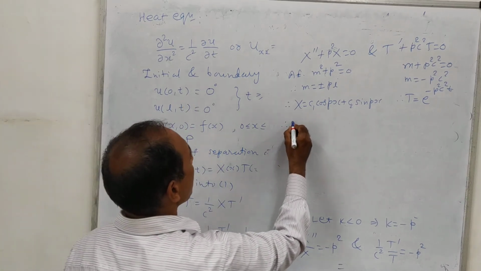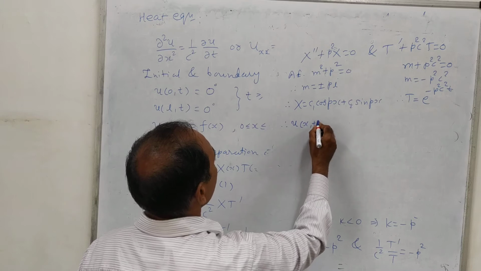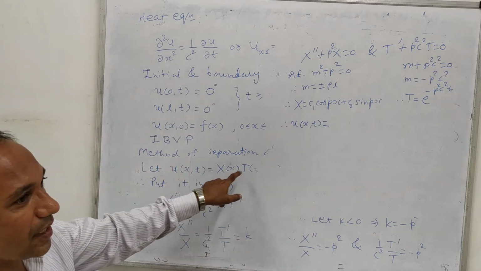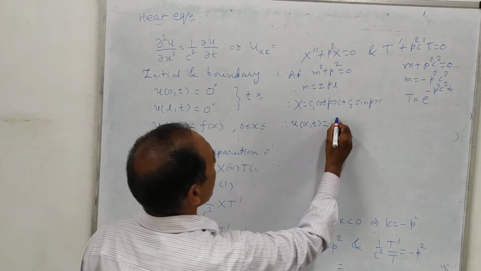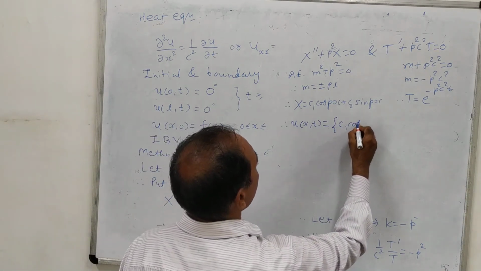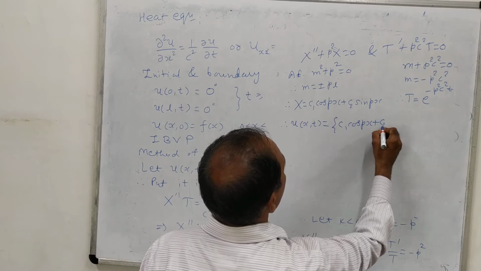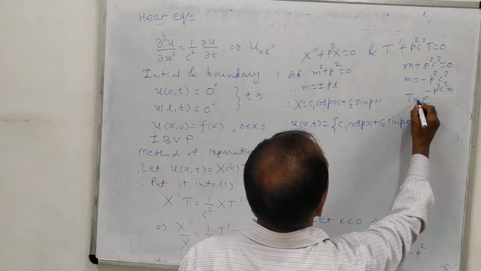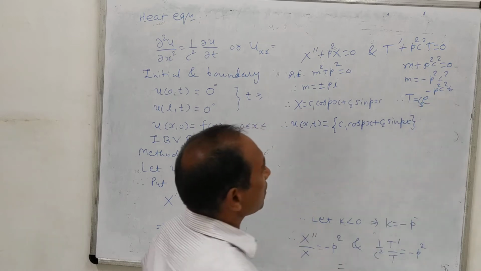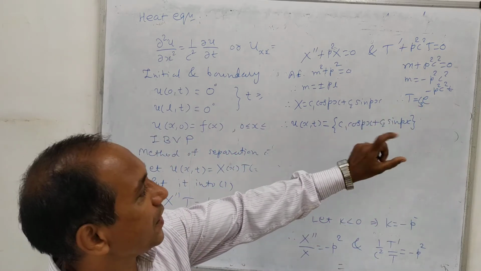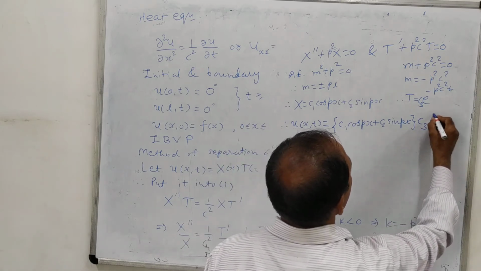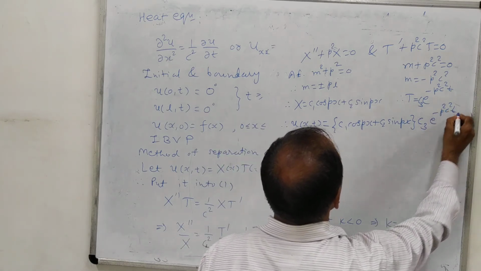And therefore we have u(x, t) equal to, we put here both values of capital X and capital T. So capital X is c1 cos px plus c2 sin px, into, here one constant was required, because whenever we integrate, an arbitrary constant will come there. So c3 e raised to minus p square c square t.